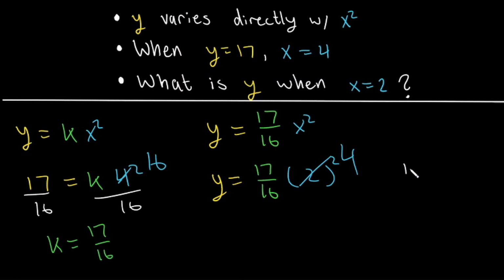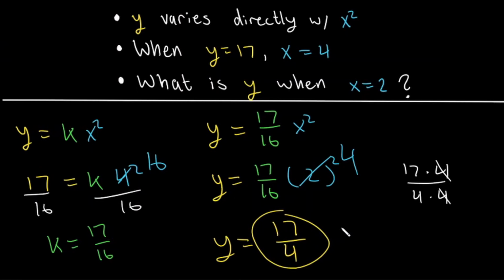So that can be written as 17 times 4 over 16, which is 4 times 4. And then we can cancel these two 4's, and we will end up with y is equal to 17 over 4. So when x is equal to 2, y is going to be 17/4.